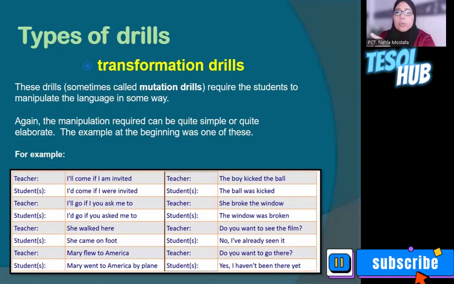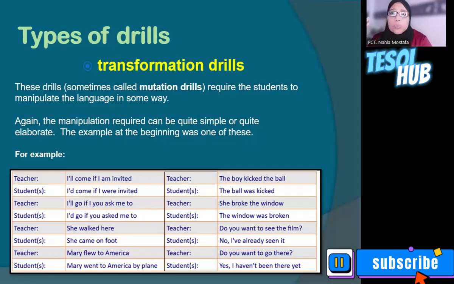I go to the party, or I go to the mall. It will be in the past: I went to the mall. I come here, I came here. I do my homework, I did my homework. So it will go this way.